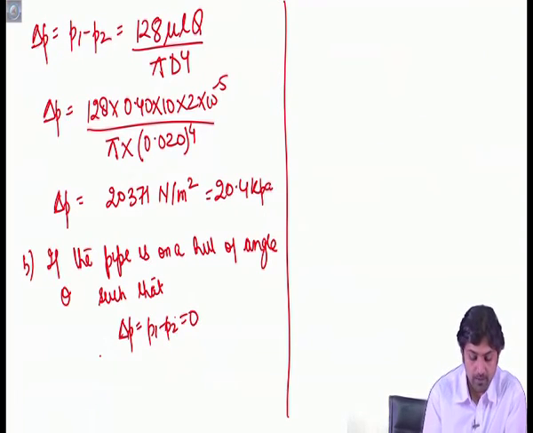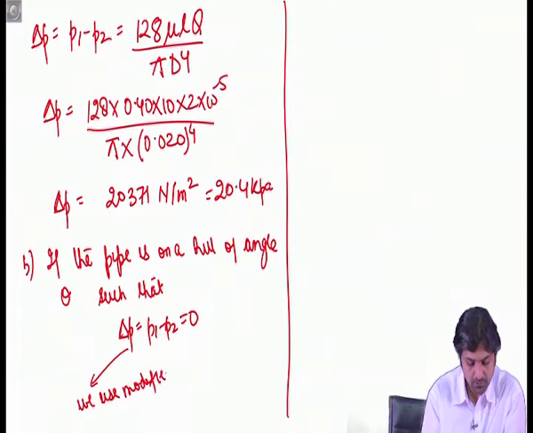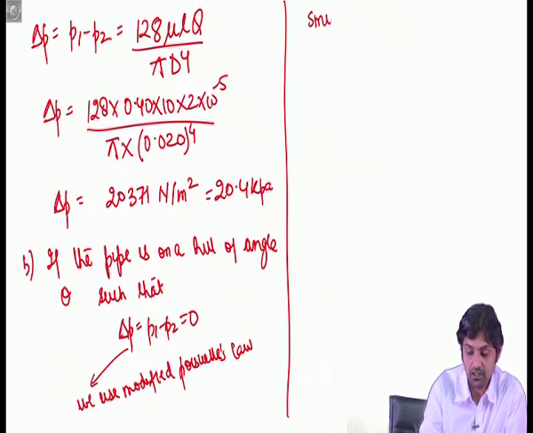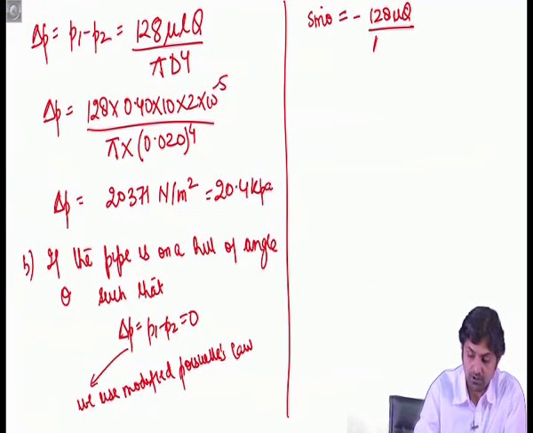All right. So for this we use the modified Poiseuille's law, and we can write, because delta P is equal to 0, sin theta will be minus 128 mu q divided by pi rho g into d to the power 4.